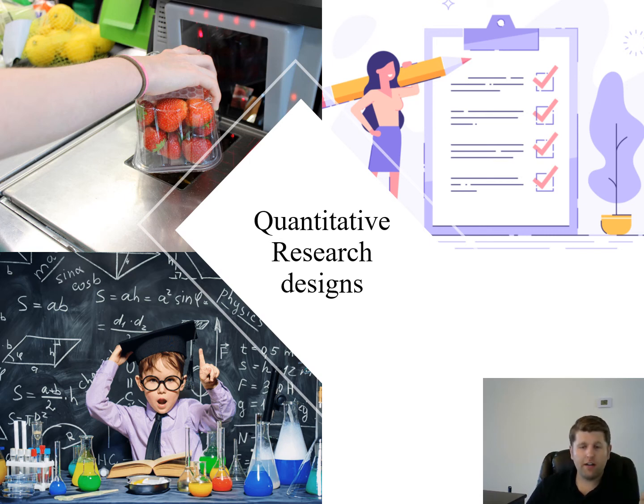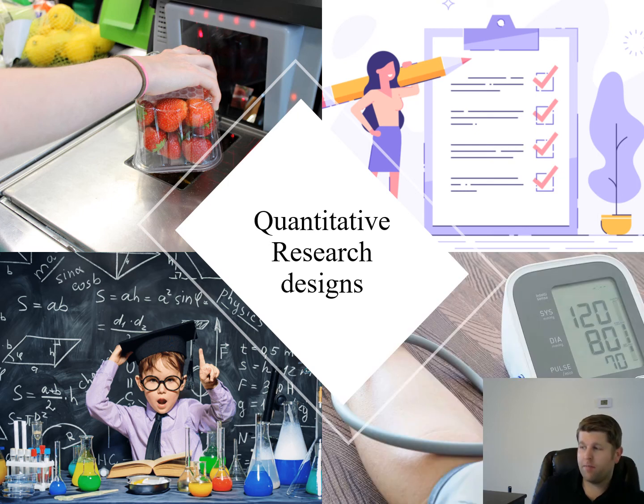This is scanner data, and this is where a retail location is able to scan purchases and connect that back to you as the consumer in some way. For example, United Supermarkets, if you've signed up for their loyalty program, they connect your purchases back to you through your phone number. So that's very common. And then finally, we could have biometric data, like blood pressure, eye scanning, several different ways that this can come about in quantitative research.